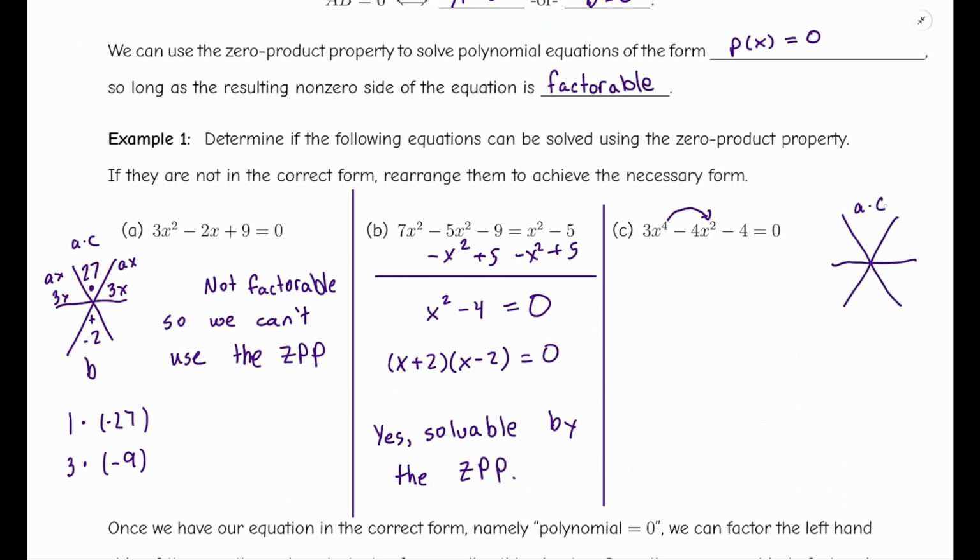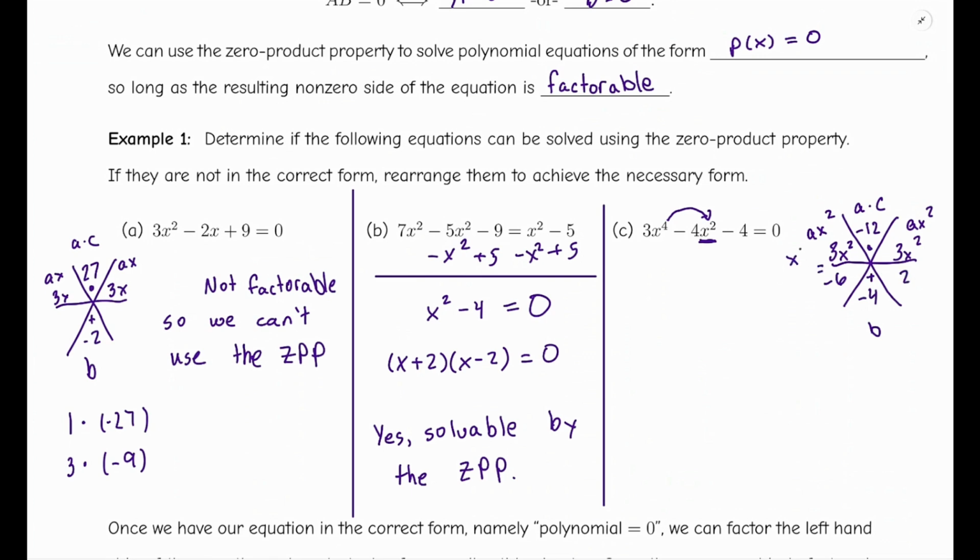A times C will go up here, so we get negative 12. B will still go down here, so we get negative 4. But this time, instead of just AX, it's going to be AX squared, where you're using the smaller exponent. So then we get 3x squared and 3x squared. Now, what two numbers multiply to negative 12 and add up to negative 4? That's negative 6 and 2.